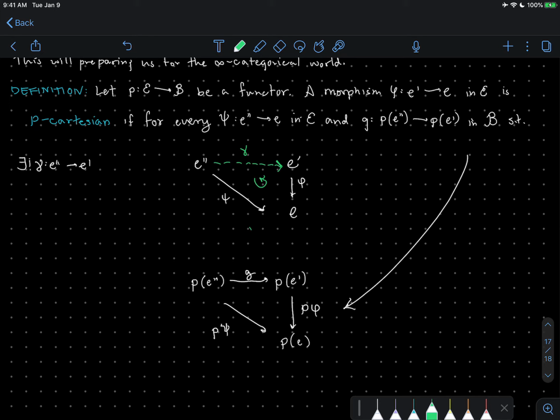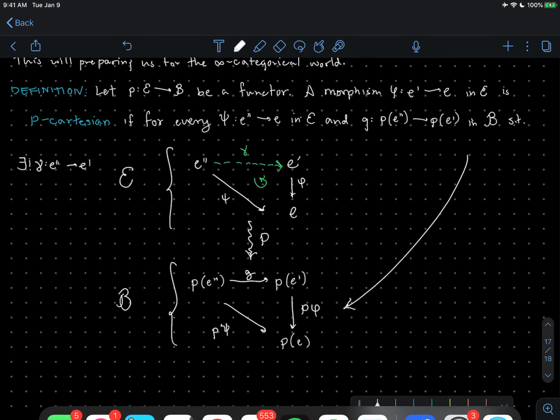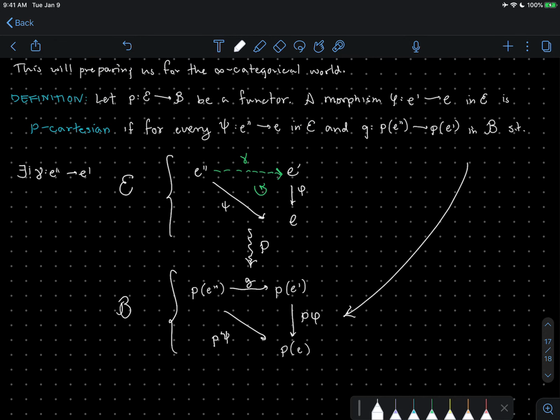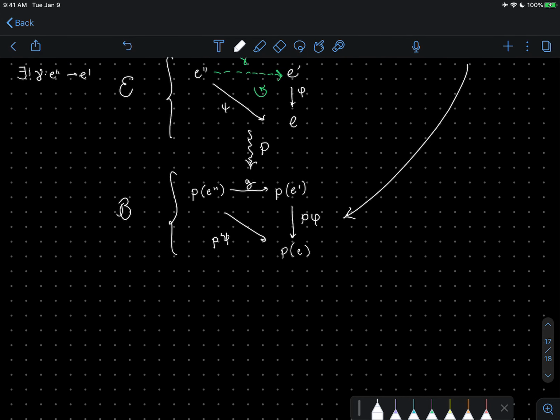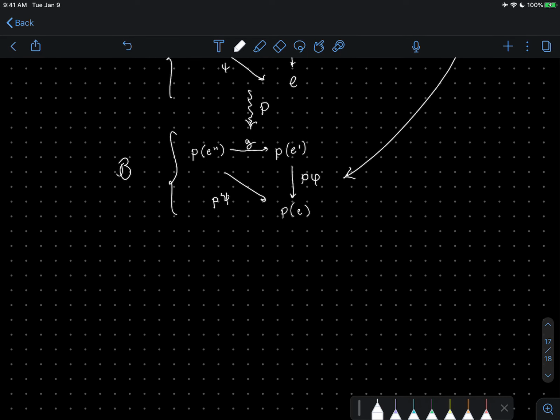So the top diagram lies over the bottom diagram via applying P. So this diagram lies in E, and this lies in B. Okay, that is the definition of a P-Cartesian map.